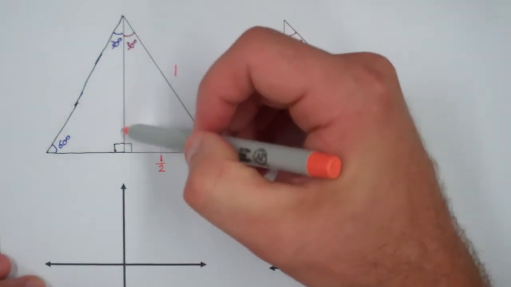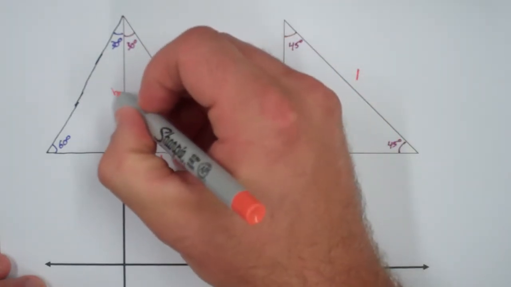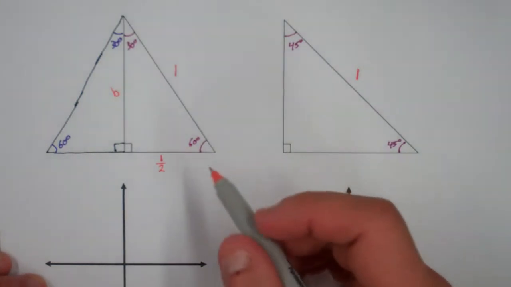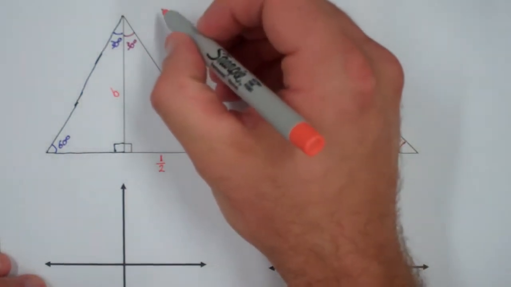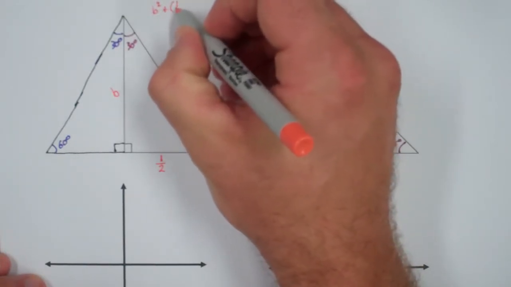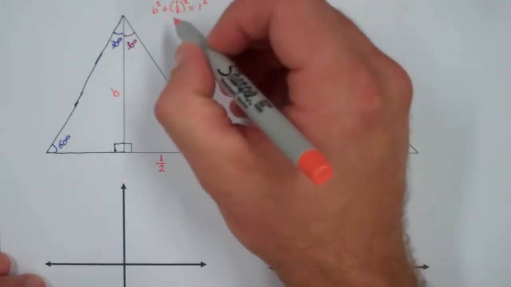This other side here is a little bit trickier. Maybe we'll make this b or something like that. The variable really doesn't matter. Whatever you want it to be is fine. And what we'll do is we'll set up the Pythagorean theorem then. So we'll do b squared plus the quantity of 1/2 squared is equal to 1 squared.